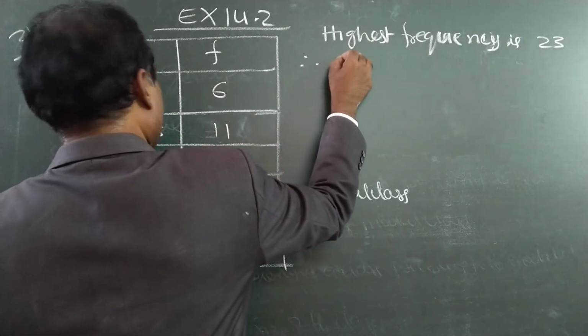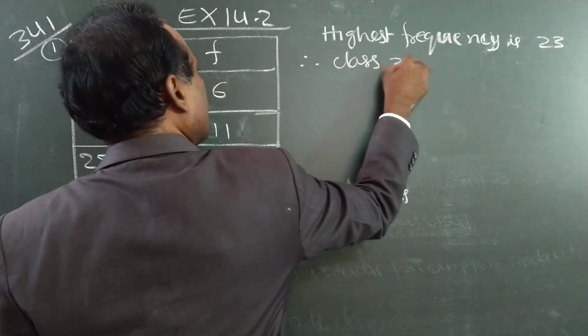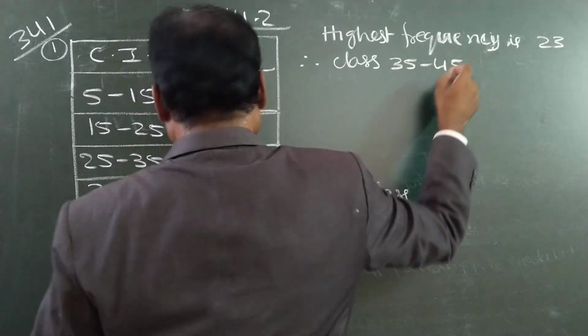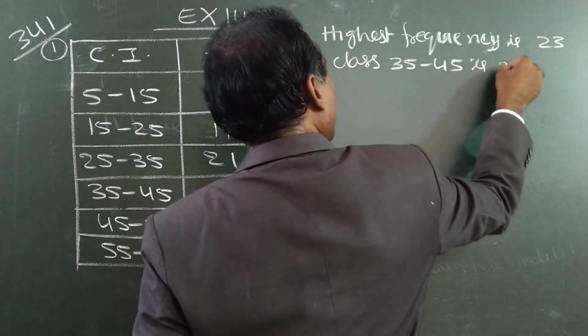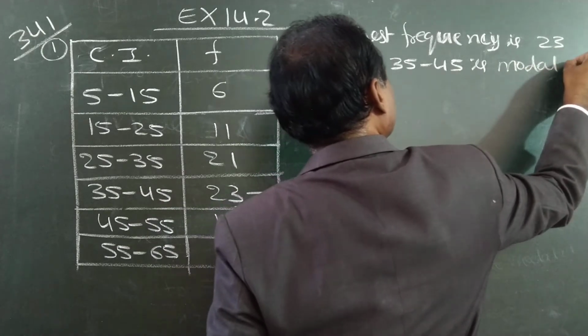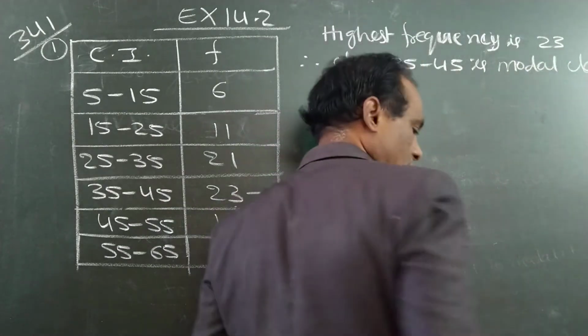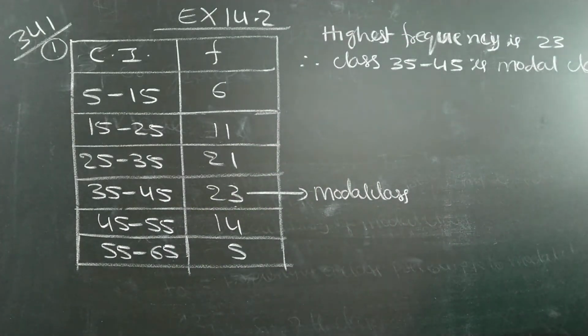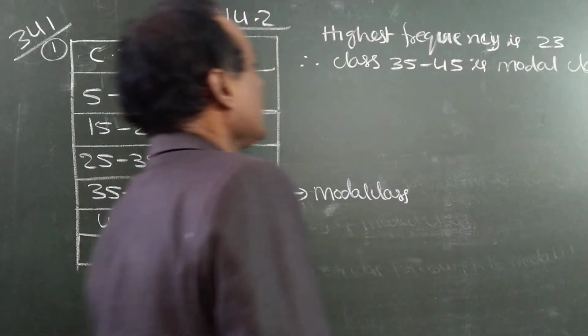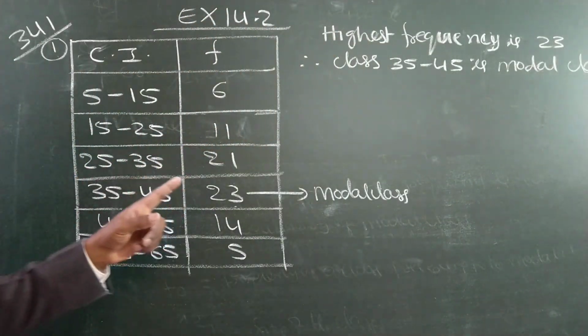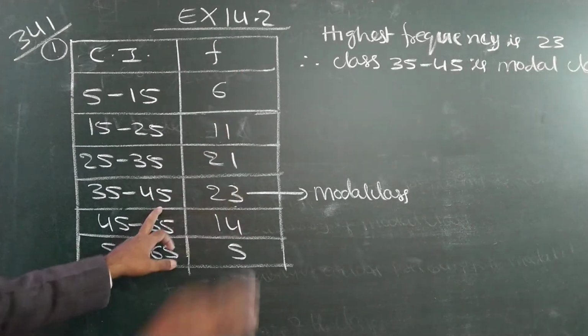Therefore, the class 35 to 45 is the modal class. Write down: 35 to 45 is the modal class.